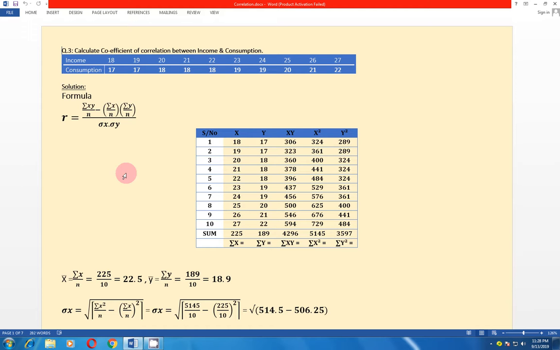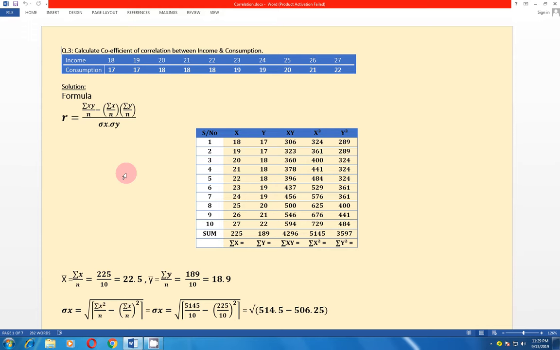And if answer is -1, it means that there is perfectly negative relationship between these two variables. Further, it means that if one variable moves upward, then other variable moves proportionally downward, or vice versa.